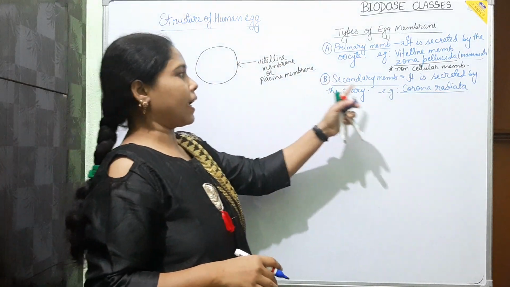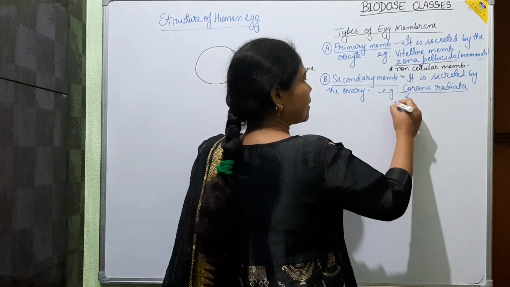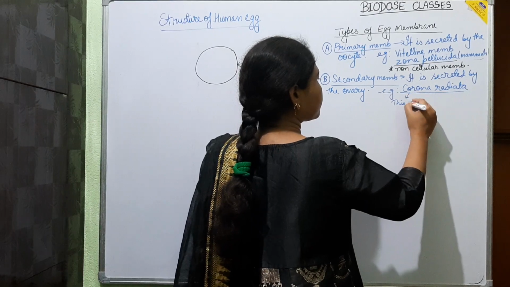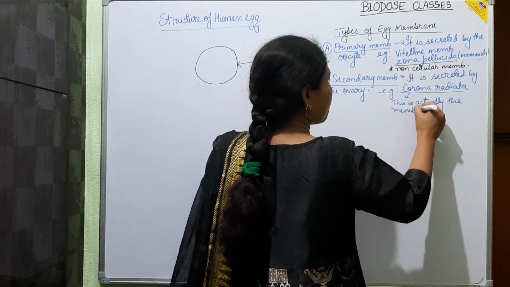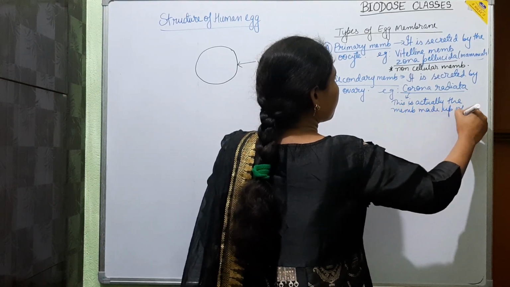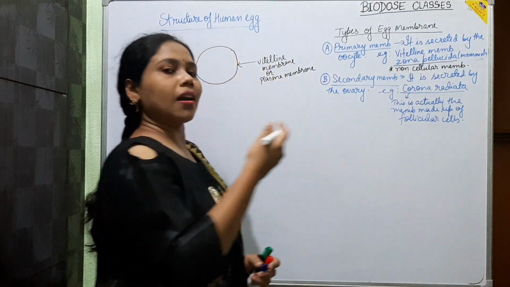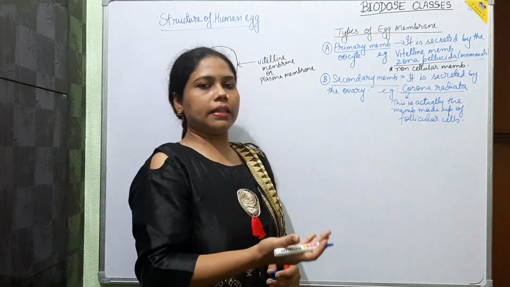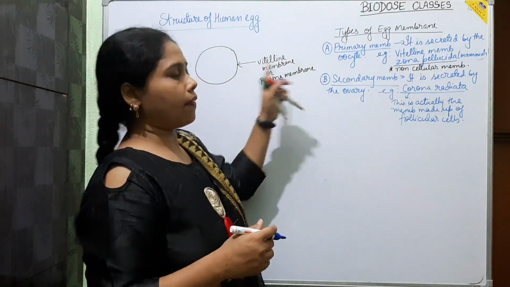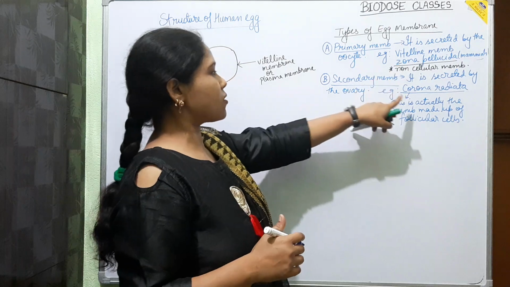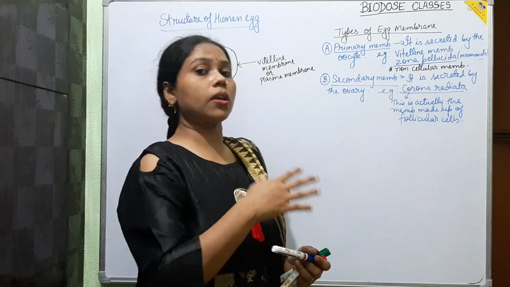We can say it is a secondary membrane because it is synthesized by the ovary, and it is made up of follicular cells. The follicular cells which surround the oocyte or rather the egg form a layer above the egg known as corona radiata, and it is grouped under secondary membrane because it is not synthesized by the oocyte, it is synthesized by the ovary.